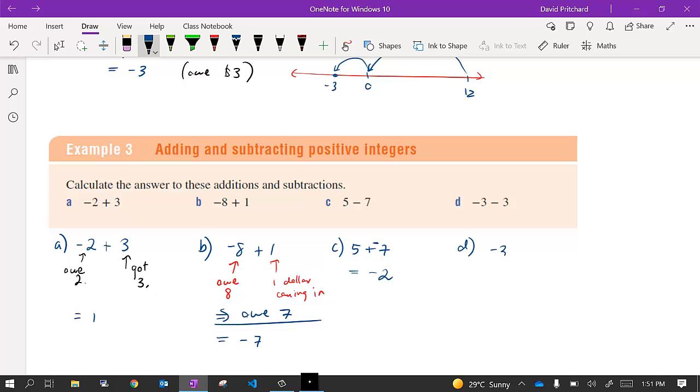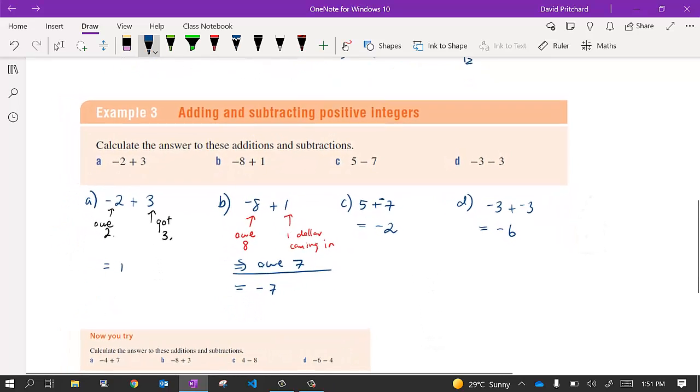And our last one, we owe 3, and then we owe 3 again. So -3 take 3, which is plus -3. So I owe 3, and I owe 3 again, which means I end up owing 6. So I end up with -6. So hopefully that makes a little bit of sense.